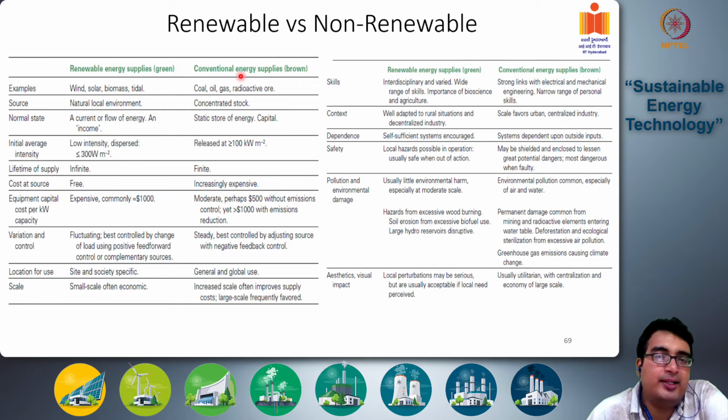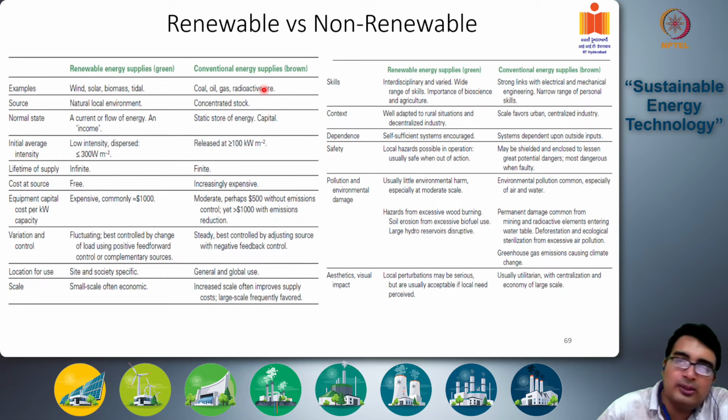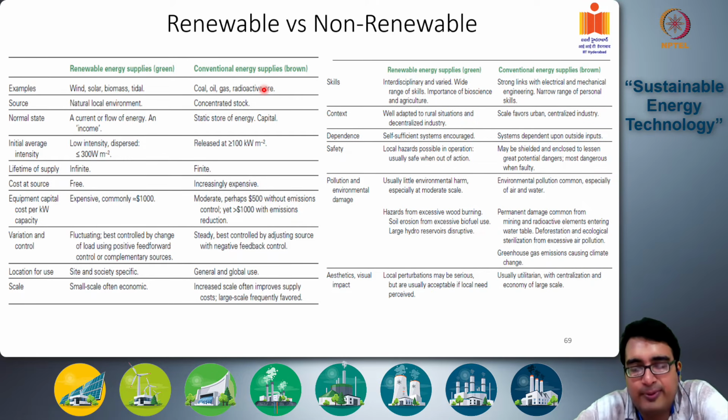Then we have conventional energy sources, which are basically coal, oil, gas, radioactive ore like uranium. Okay, so nuclear energy is actually a non-renewable resource because uranium is primarily non-renewable. The source is different fundamentally. The source of wind, solar, biomass is the natural local environment.